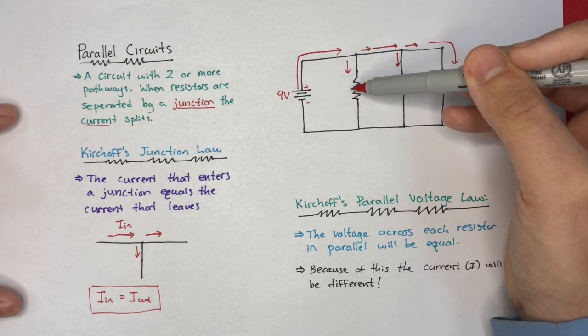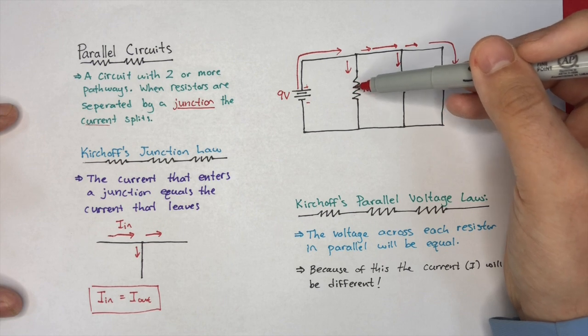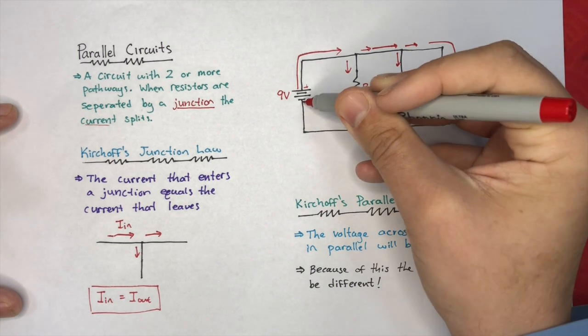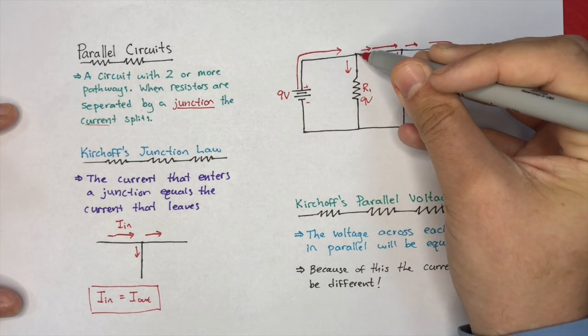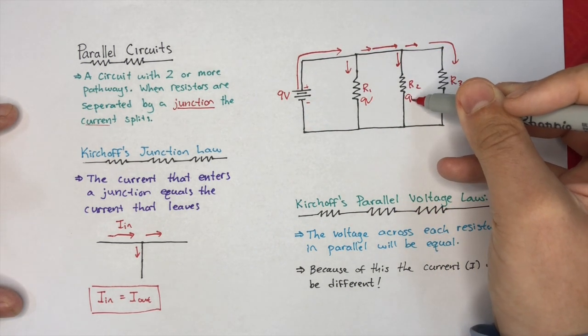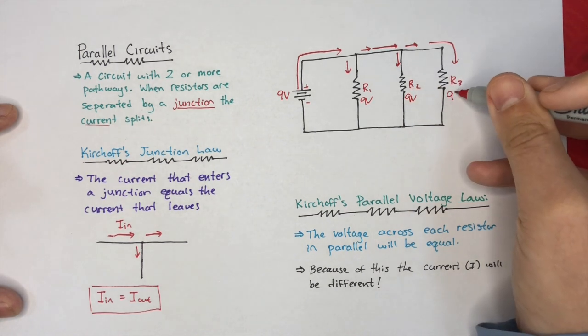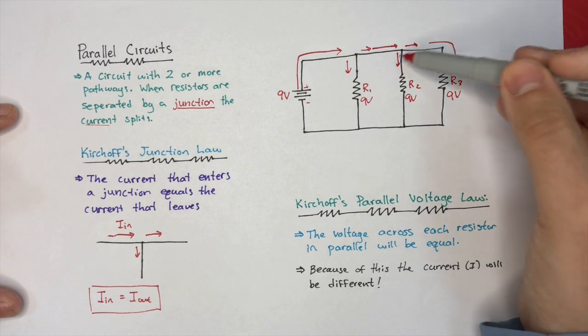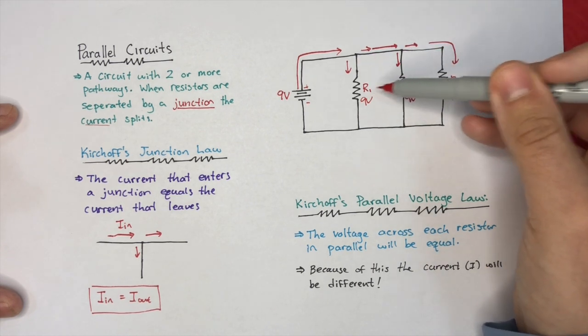Well, in order for the total change to be equal to 0, there must be a voltage drop of 9 volts across this resistor to reach 0 back here. But similarly, there must be a voltage drop of 9 volts across this resistor and a voltage drop of 9 volts across this resistor. It doesn't matter which path you take in a parallel circuit, they all have the same voltage.